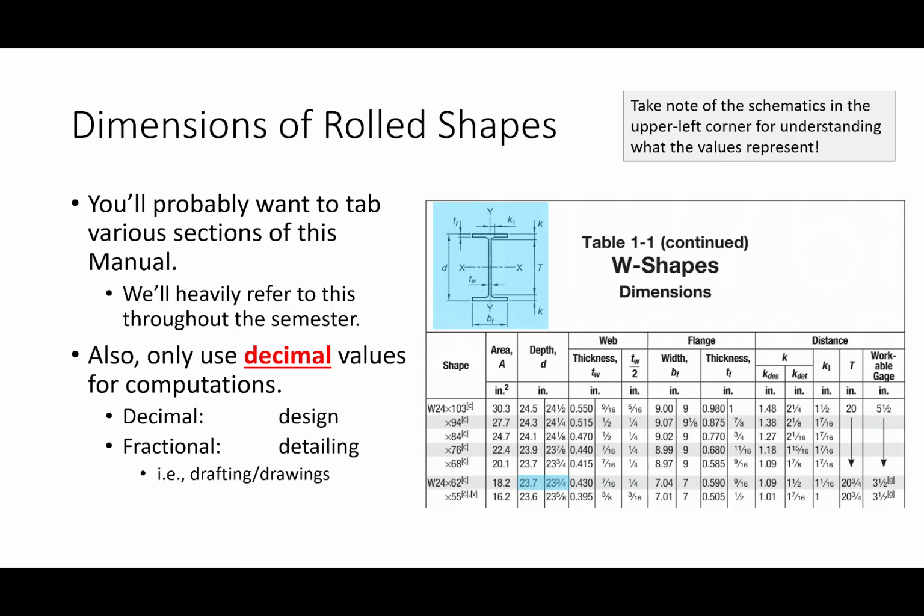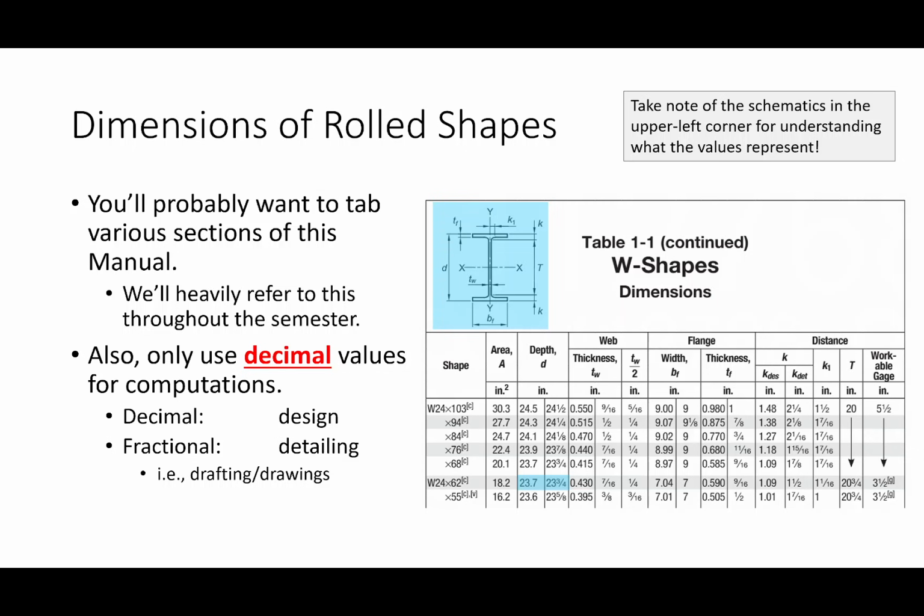So one thing I'll mention is that you probably want to tab various sections of the manual. If you look at my manual, you'll see there are these tabs right here, these reference tabs. This is a really big book, and if you're in the middle of a celebration of learning and you need to quickly find a given sheet in the manual, it would be easy if it's bookmarked, okay? I will try and give you some guidance as to what I think is important to tab throughout the semester. What I'll tell you at least now is that I have a series of tabs at the very beginning for all of the rolled shapes.